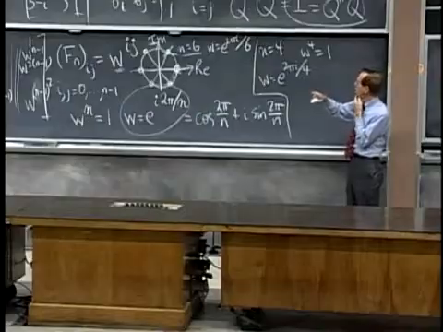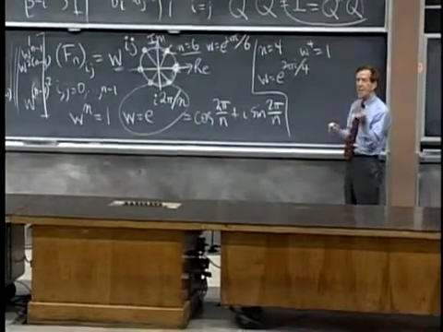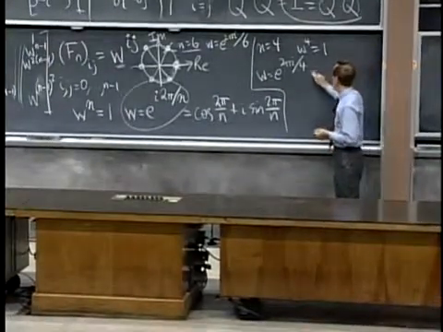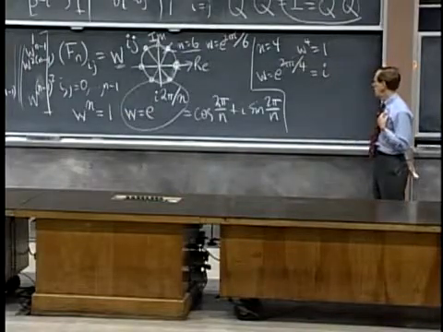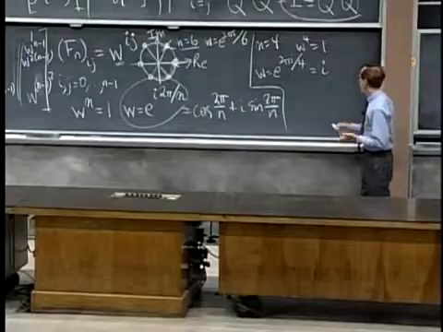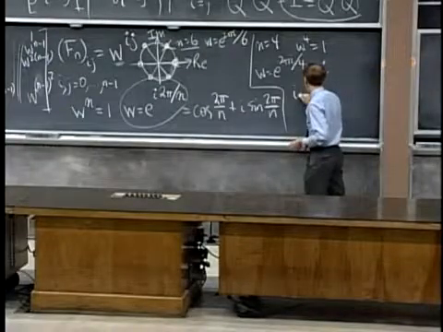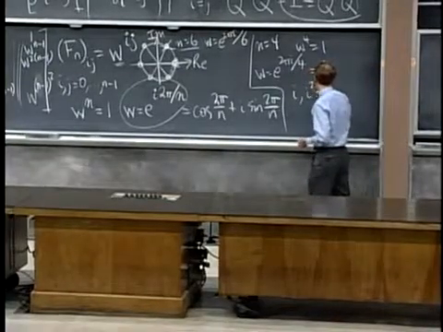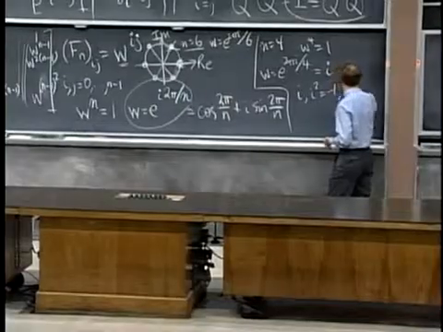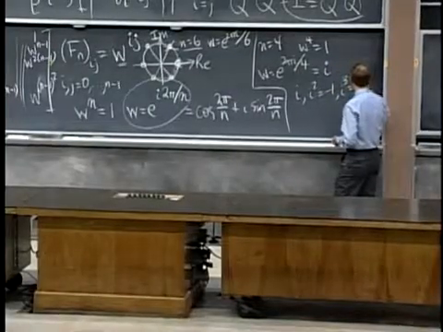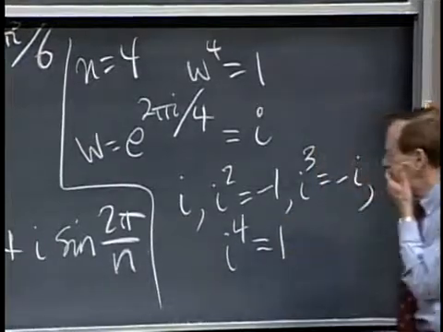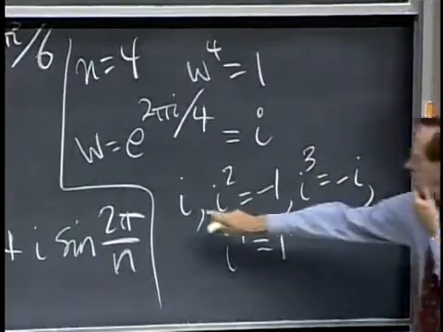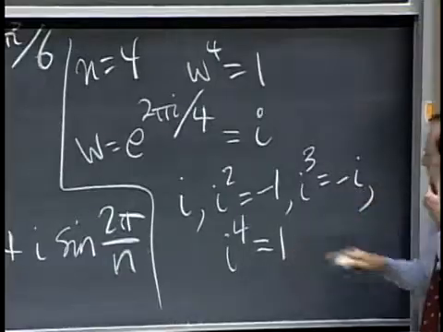This is 1/4 of the way around the unit circle, and that's exactly i, 1/4 of the way around. And sure enough, the powers are i squared, which is minus 1, i cubed, which is minus i, and finally i to the fourth, which is 1, right? So there's w squared, w cubed, w to the fourth.